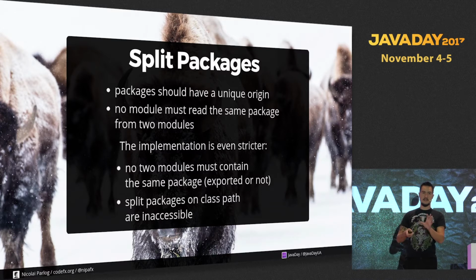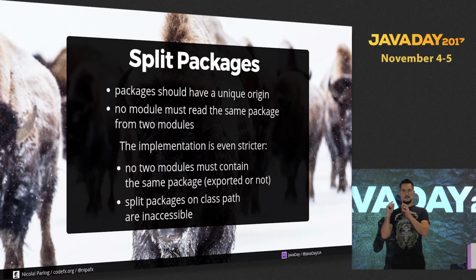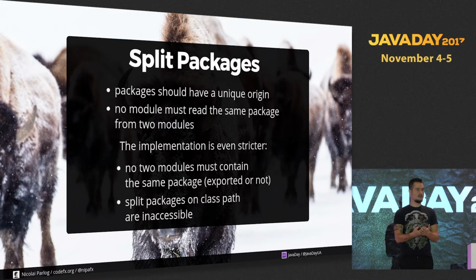What happens there, and that can be very confusing, this is the most complex problem you will likely encounter, is that the class path portion of a package split becomes invisible. We will see that in practice later. So a class that is on the class path is not being loaded, and the class loader complains that it couldn't find it. And then you look at the class path and you're like, but it's there, what went wrong?